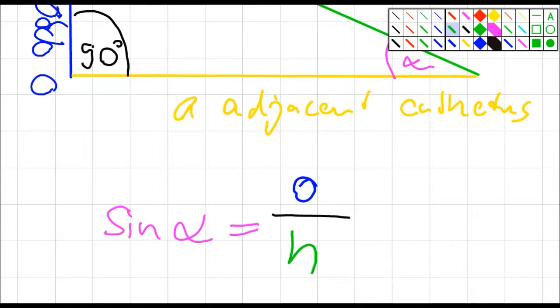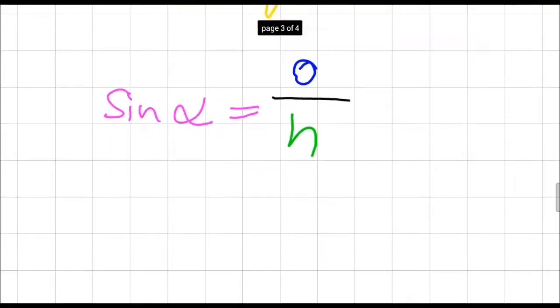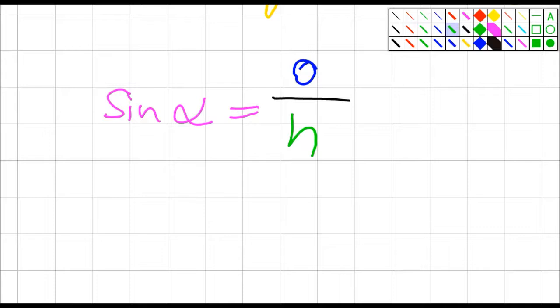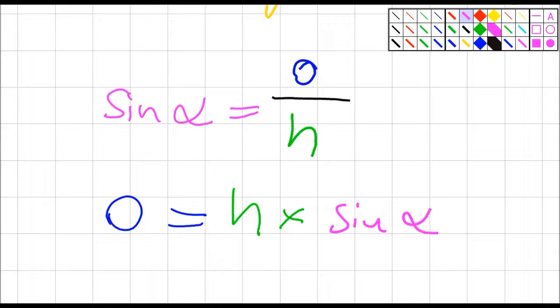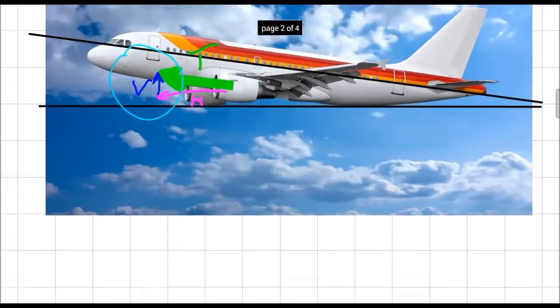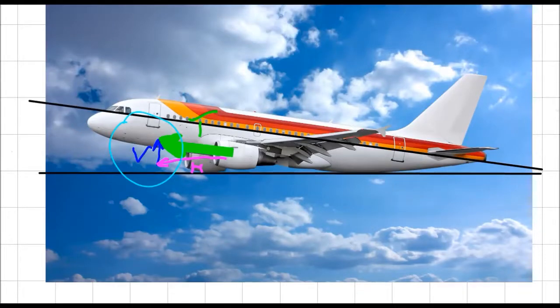Or we can change this a bit and say, if we do not know the opposite cathetus, but we know the angle alpha and we know the hypotenuse, then we can write our opposite cathetus equals the length of the hypotenuse times the sine of the angle alpha. I guess we remember all this, and with this knowledge we go back to this aircraft.